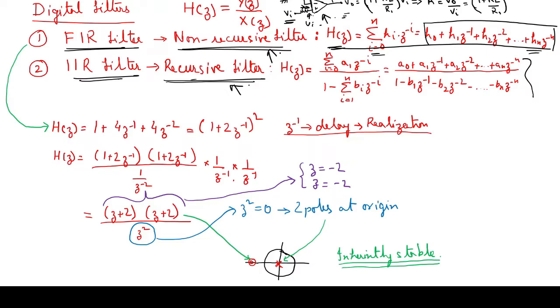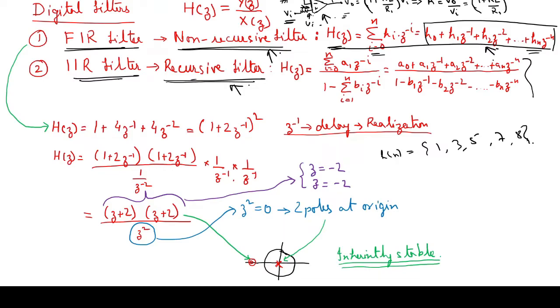It's just a simple equation. If you have some h(n) values, say 1 3 5 7 8, you just perform the z transform, and there you go, you are ready with the filter. It's very easy, right?